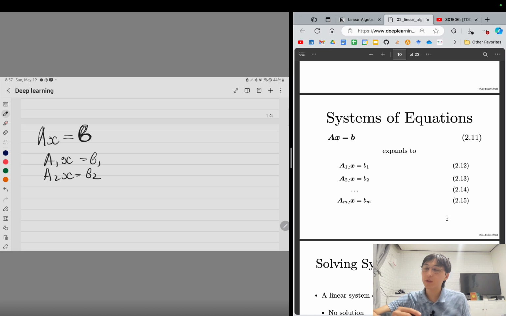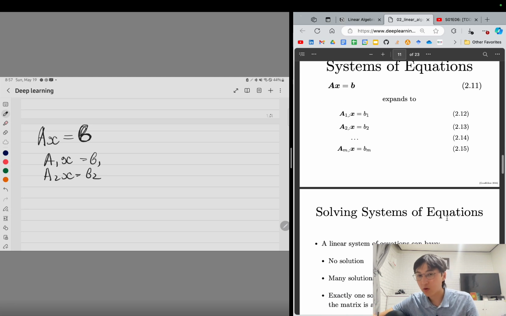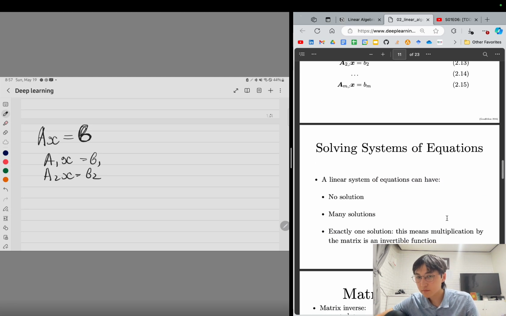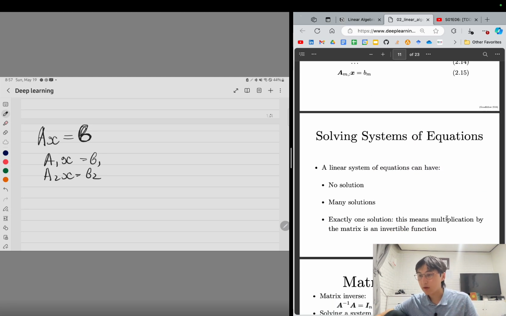And how can we find this x vector? In linear algebra, now you will see the magic of linear algebra. In order to solve this system of equations, there is a good and easy way of doing that, and that is by the matrix inverse.